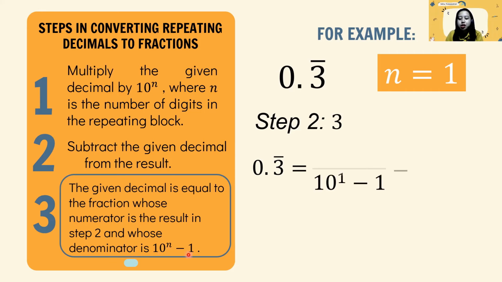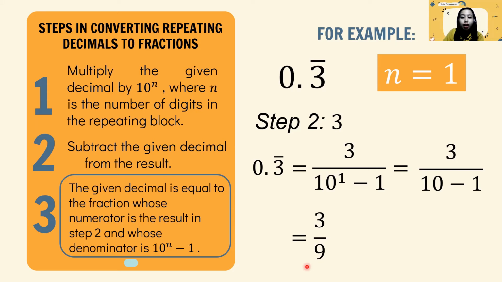So we will have this expression, 3 over 10 raised to 1 minus 1. So first, let's simplify 10 raised to 1. So what will you get? Okay, that's right. You will get 10. So we will have a new equation here, 3 over 10 minus 1. So simplifying 10 minus 1, we have 3 over 9.